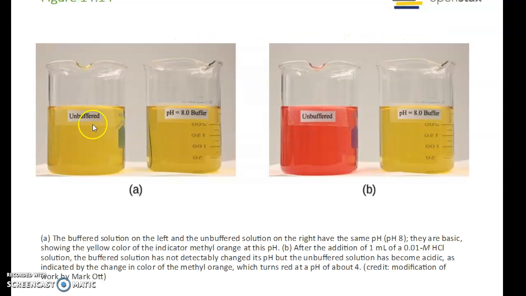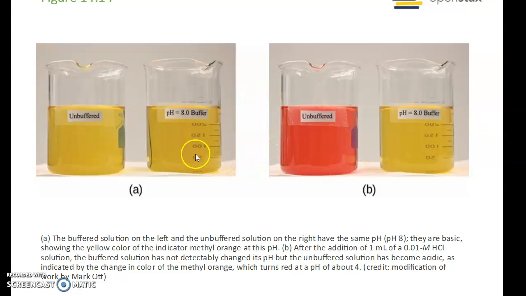For example, here you've got an unbuffered material right here, and this right here is buffered with that sodium acetate. If you add just 1 milliliter, that's about 3 drops, of 0.1 molar HCl to this unbuffered one, you can see it really changes from this color to this color.